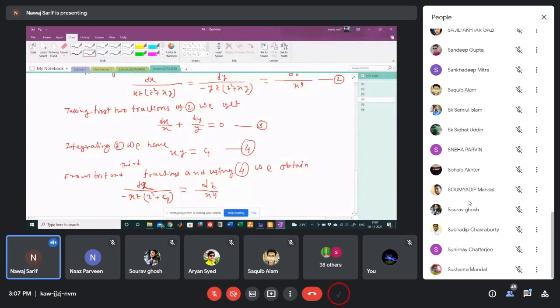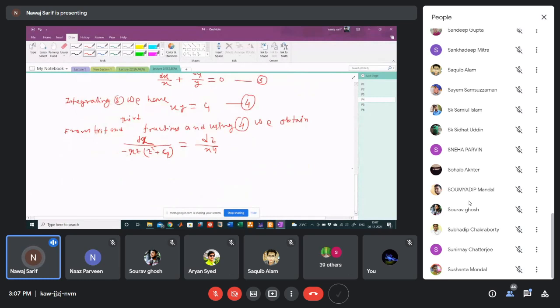Then you can cancel out the x term, so this will be given as x cube dx minus (z cube plus c1 z) into dz equals to 0.